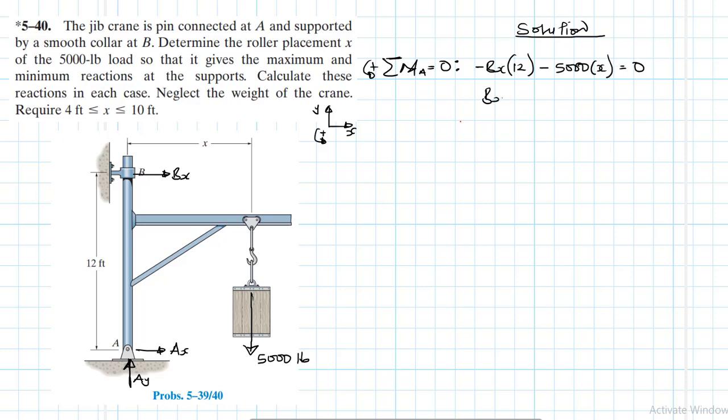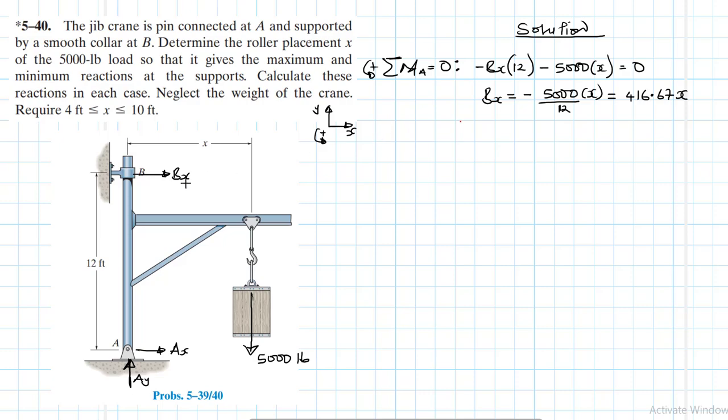Therefore, our BX is equal to minus 5,000 X divided by 12. If we do the calculation, 5,000 divided by 12 gives us 416.67x.